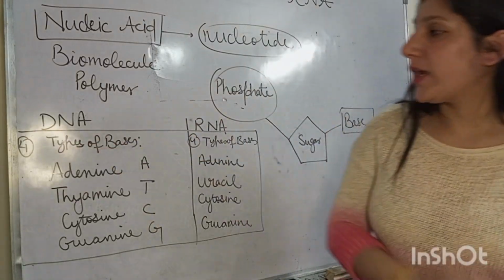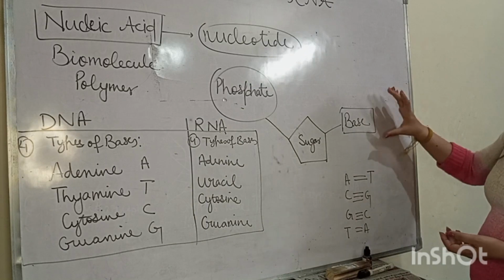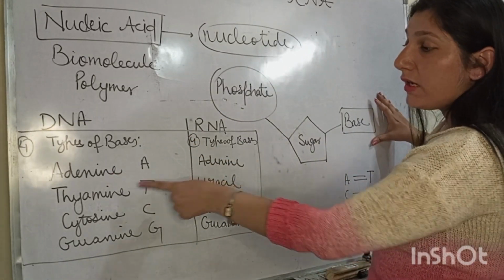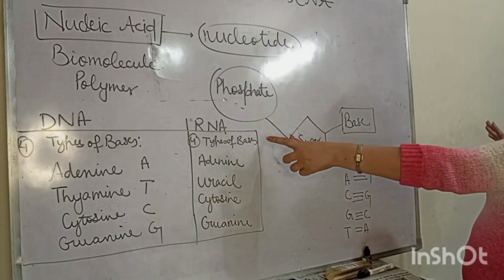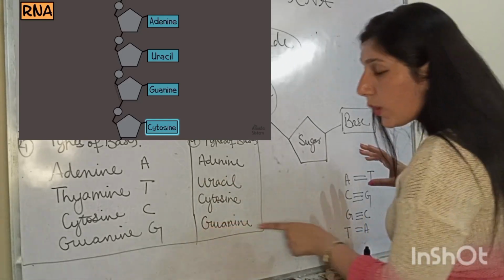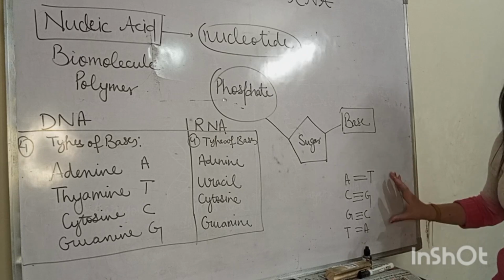Now the fourth point is the types of bases present. In DNA, they are adenine, thymine, cytosine and guanine. And in RNA, the bases are adenine, uracil, cytosine and guanine. Now, you should remember this thing.